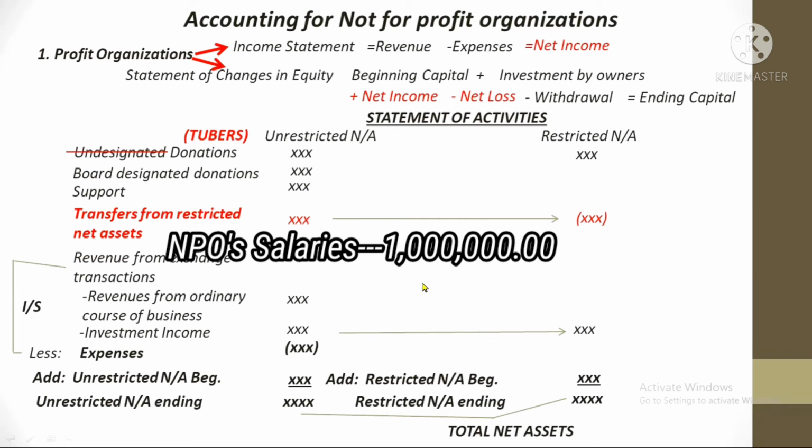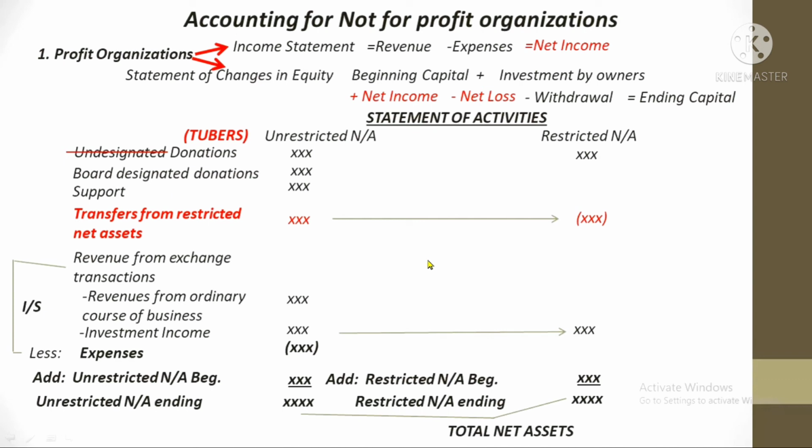If, for example, there are salaries included here in the 1 million, which are given to employees directly working on the NPO's main programs, and a portion will go to the supporting activities expenses for salaries of employees that are, for example, in charge with the management of the NPO, like vice president or HR or the accounting office, or employees in charge in fundraising activities, and other employees not directly working for the attainment of the purpose or mission of the NPO.